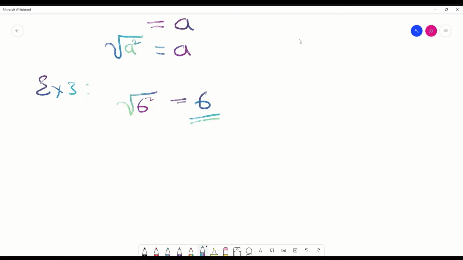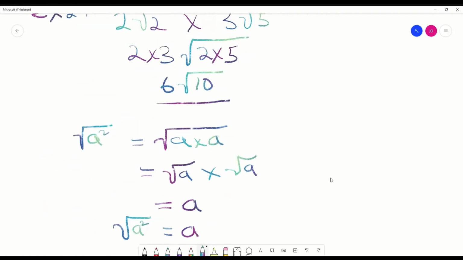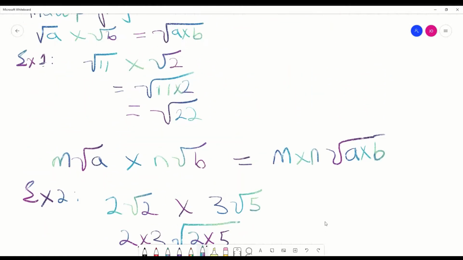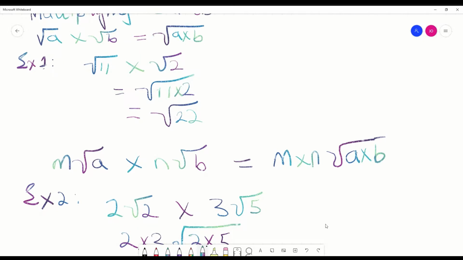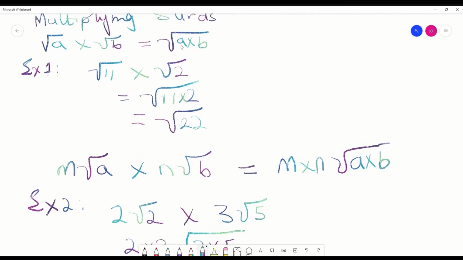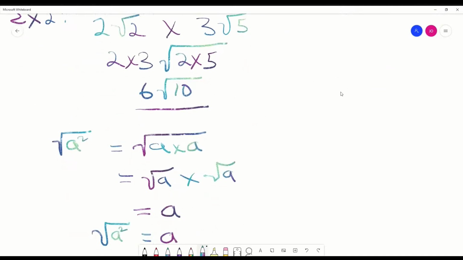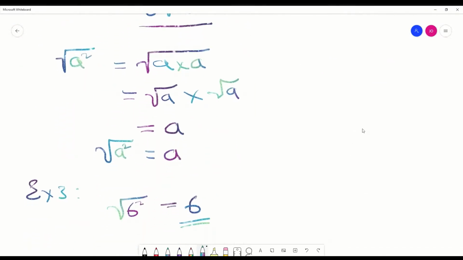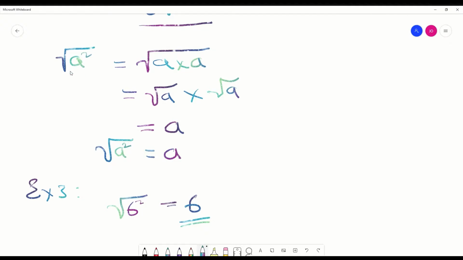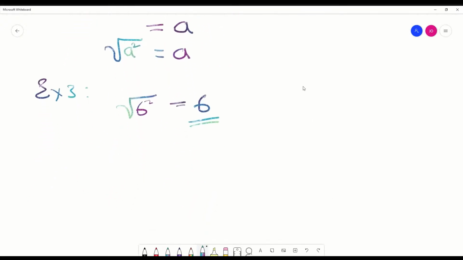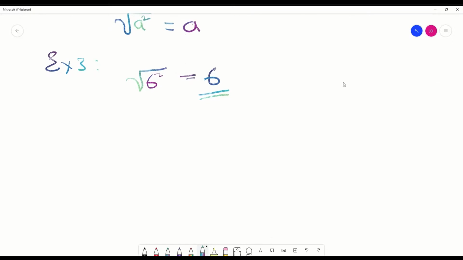So I'm going to give a good example where we can apply these rules and approaches that I've mentioned earlier on. Root A times B equals root A times B. And the second one, M root A times N root B, gives us M times N root A times B. And a squared number within a square root is the number itself.